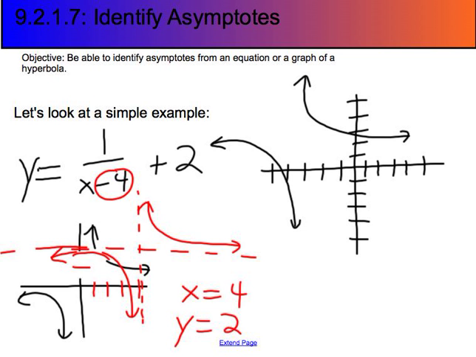So it looks to me like the horizontal asymptote is somewhere in there. And the vertical asymptote is somewhere in there. Now, just because of my crude sketch, it's kind of hard to guess here, and I certainly give you some leeway on some of these, but it looks like the horizontal asymptote is somewhere about y equals 2.